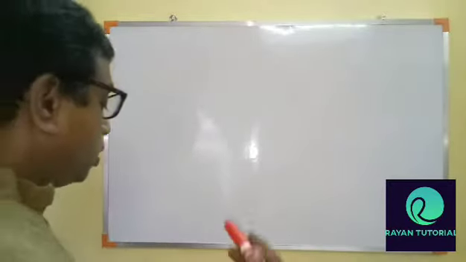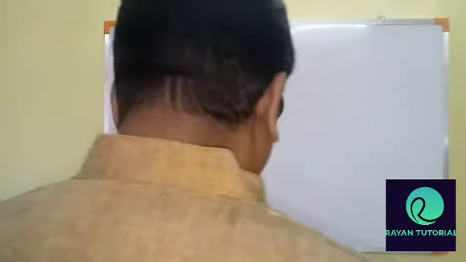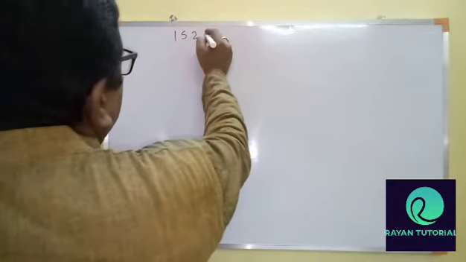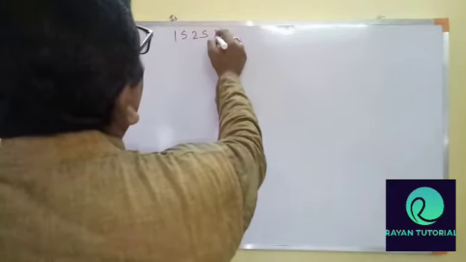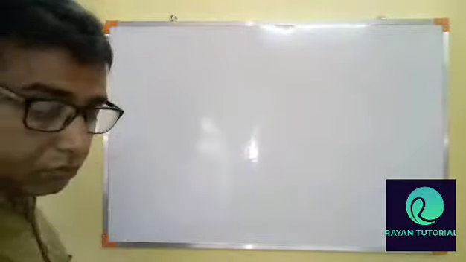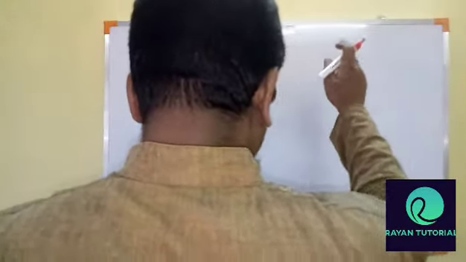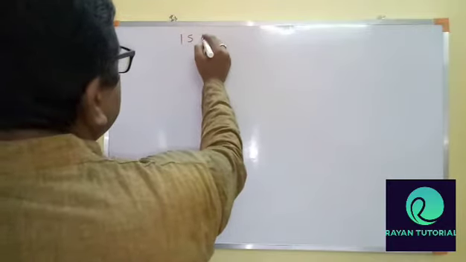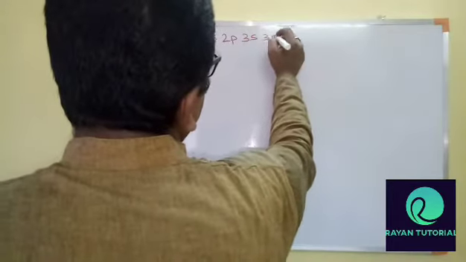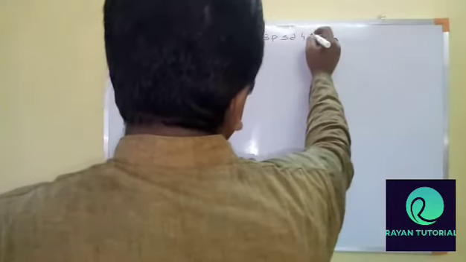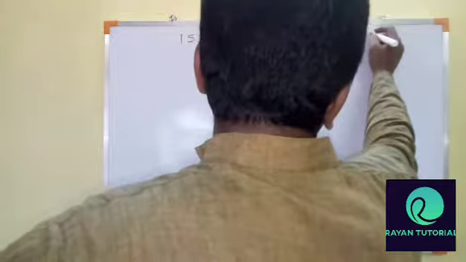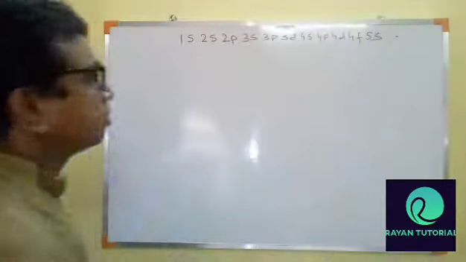Okay. So what we have found out is 1s, 2s, 2p, 3s, 3p, 3d, 4s, 4p, 4d, 4f, 5s, and so on.